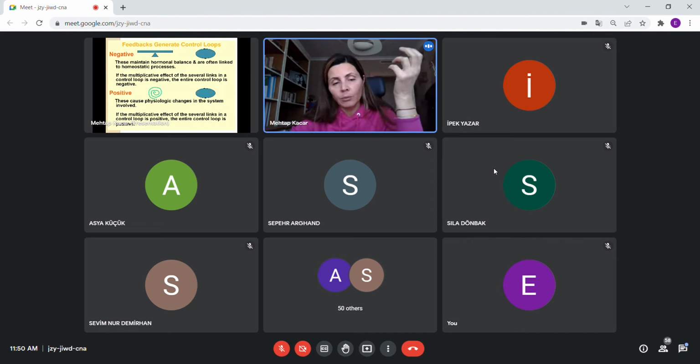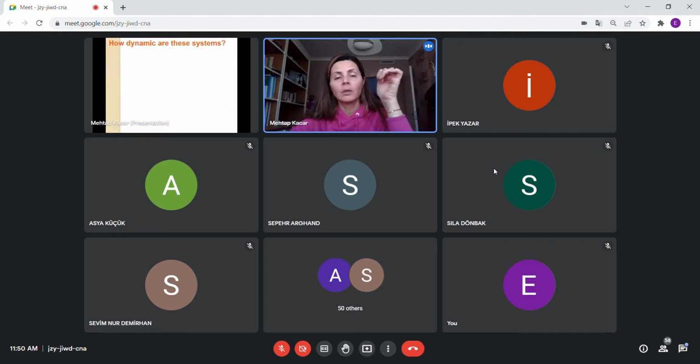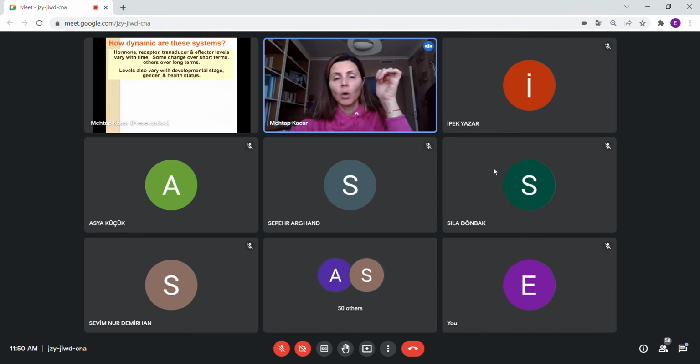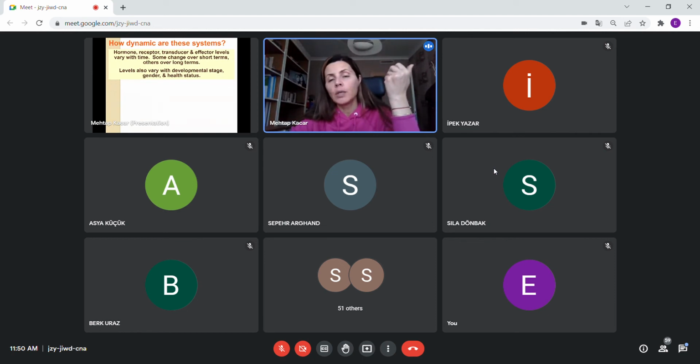You know negative and positive feedback systems. And mostly we use the negative feedback system for regulation of hormonal secretion. We will discuss according to hormones. And hormone receptor, transducer and effector levels vary with time because it is a dynamic system. Some change over short terms, others over long terms.